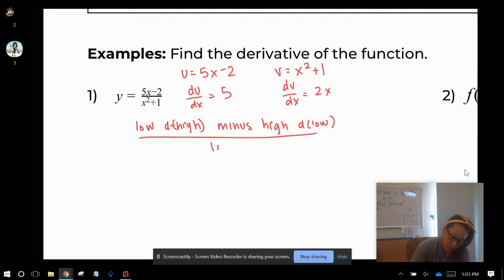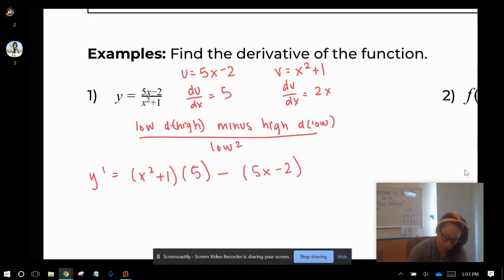All over low squared. Okay, so I get y prime is equal to, the low is x squared plus 1, times my high, so my low times the derivative of my high, which is 5, minus my high, which is 5x minus 2, times the derivative of v, so 2x.